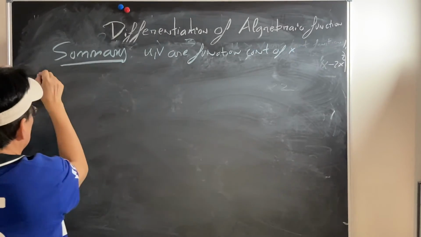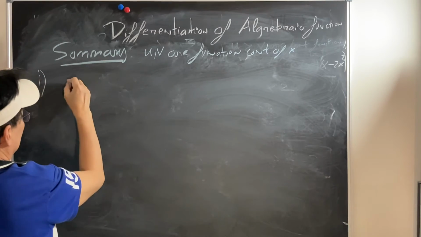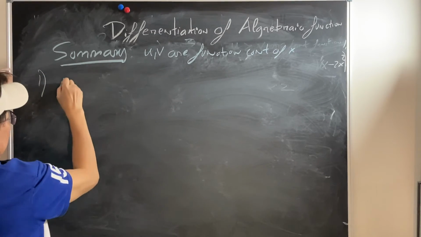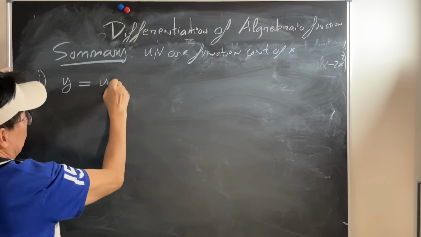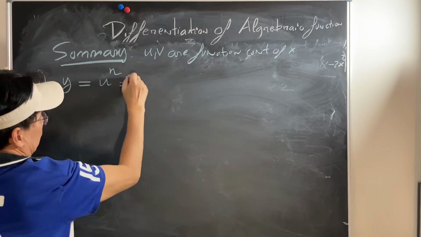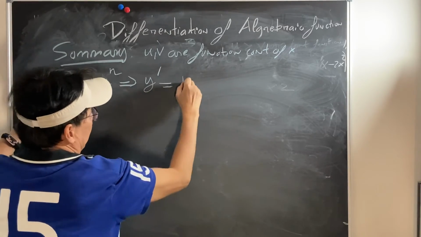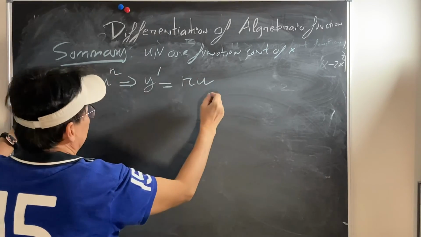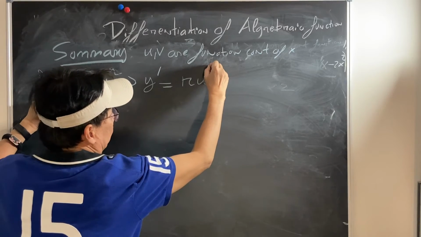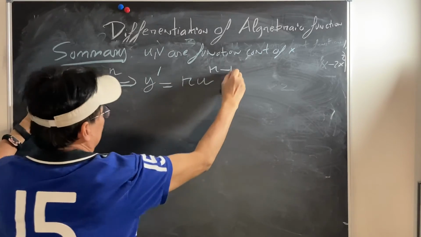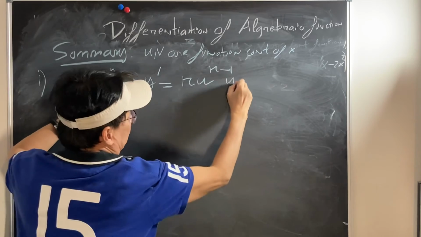Then we have the first one, y equal u to the n, then y prime, derivative of y, will be equal n times u to the n minus 1 times u prime.